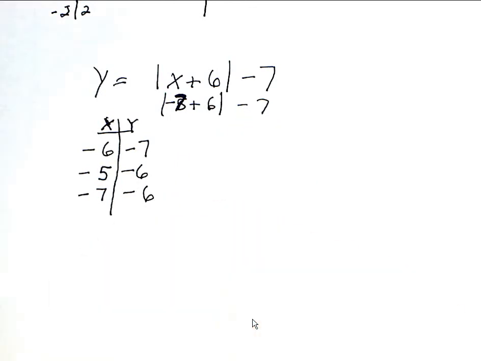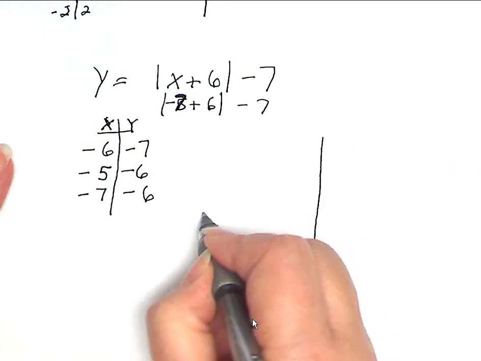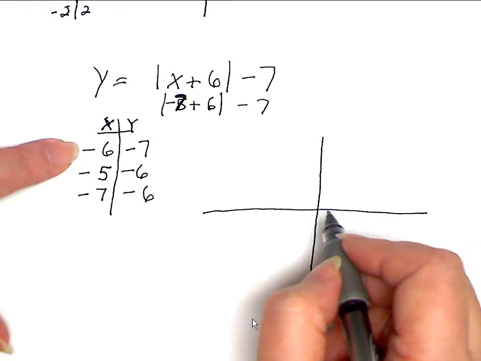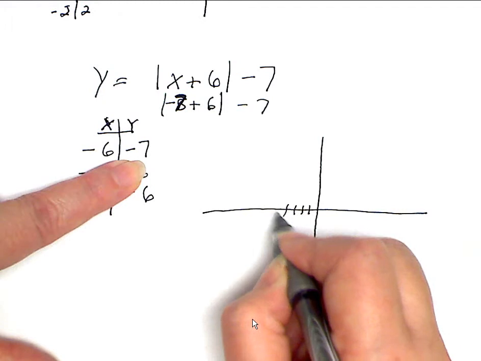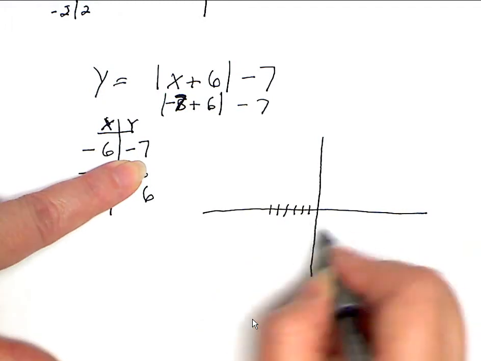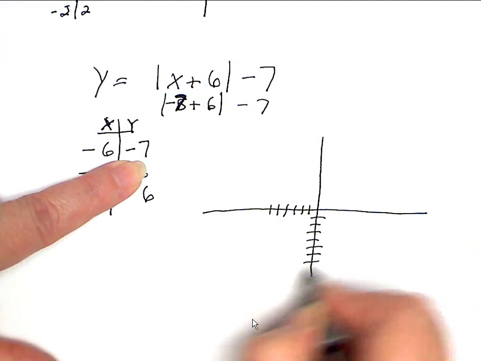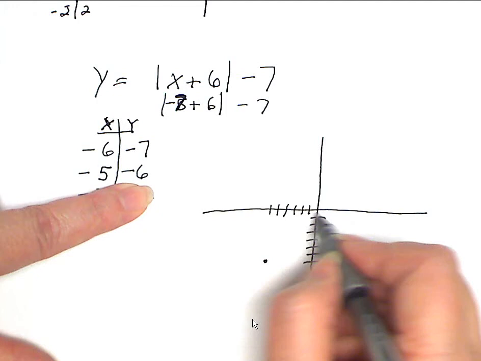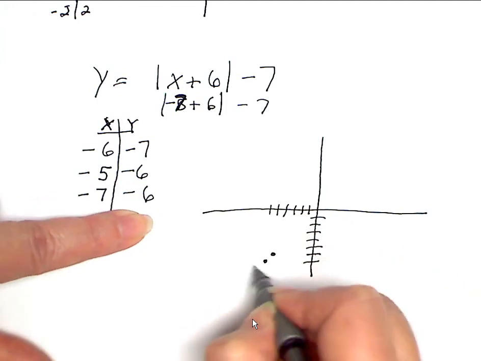So we have here, and we could keep going, but we have negative 6, negative 7. Then we had our negative 5 and negative 6.